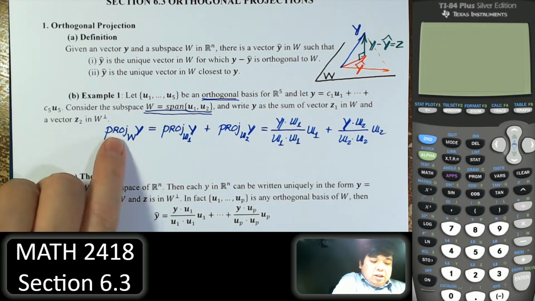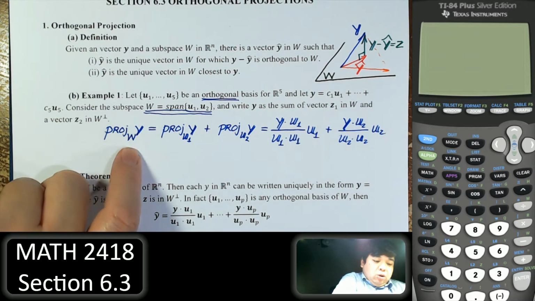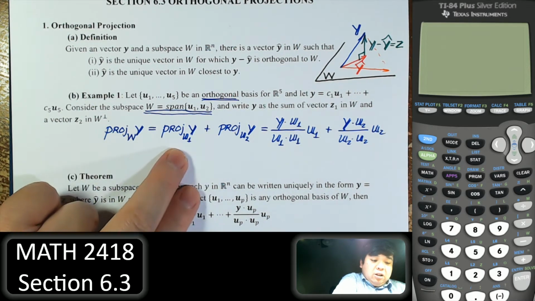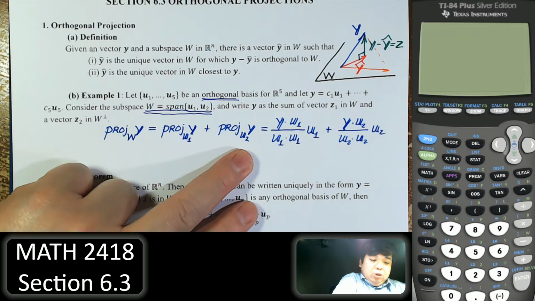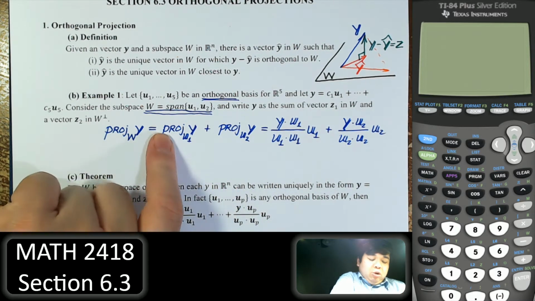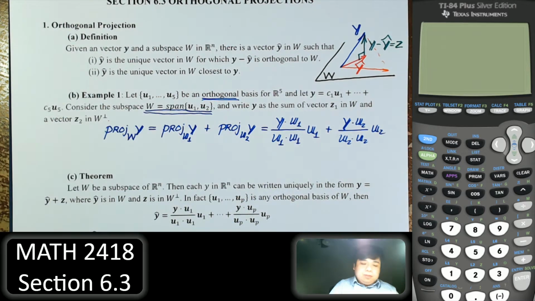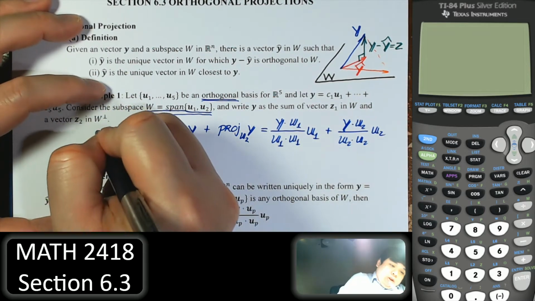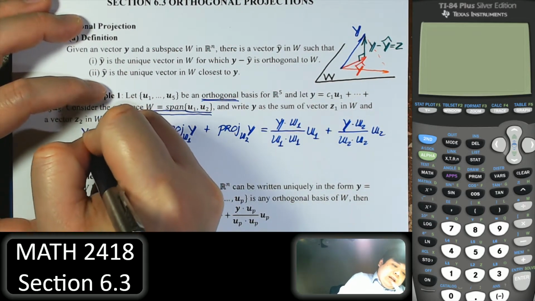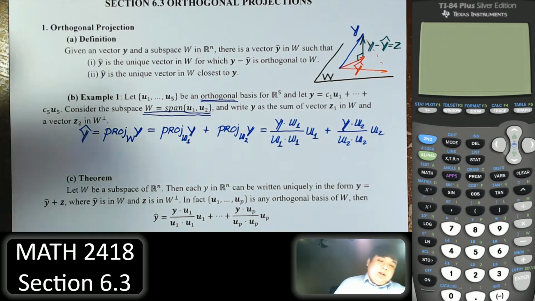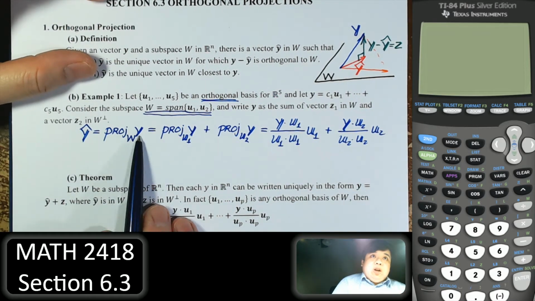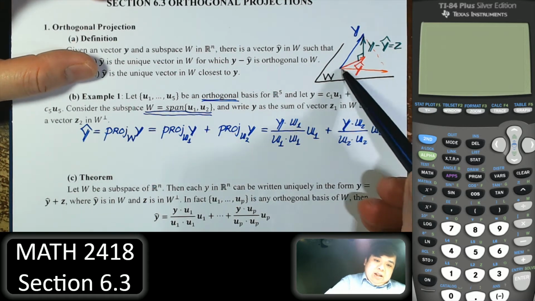So this is the orthogonal projection of y onto W. W has two vectors orthogonal to each other, u1 and u2, so we're just going to write it like this: the projection of y onto u1, plus the projection of y onto u2. And we define this as y hat. So y hat is the projection of y onto W.